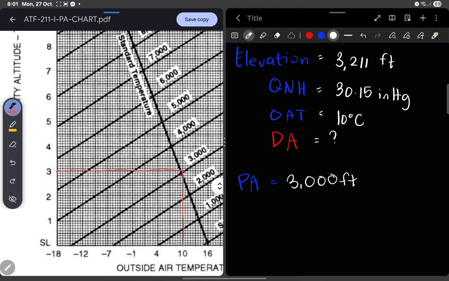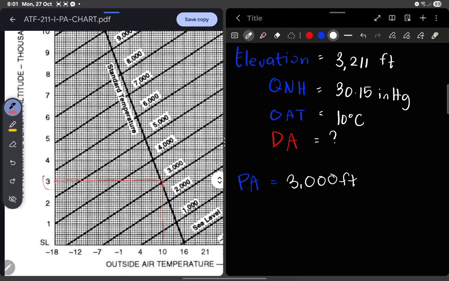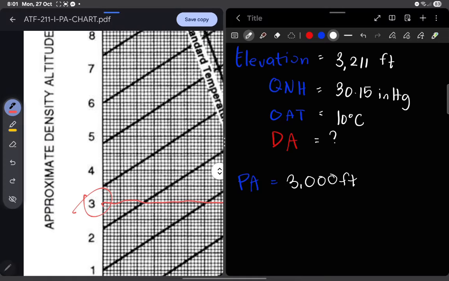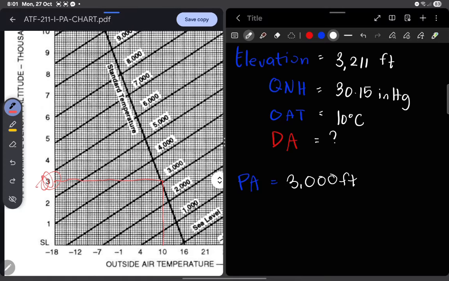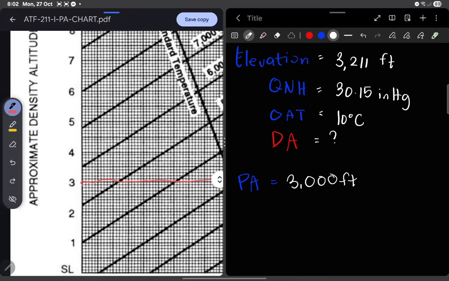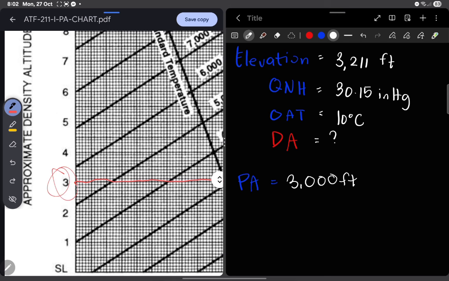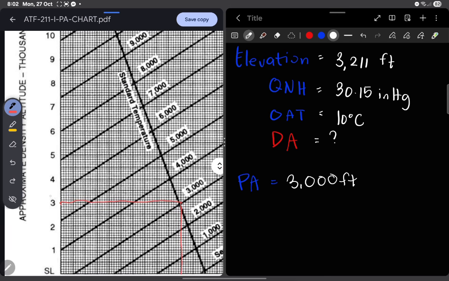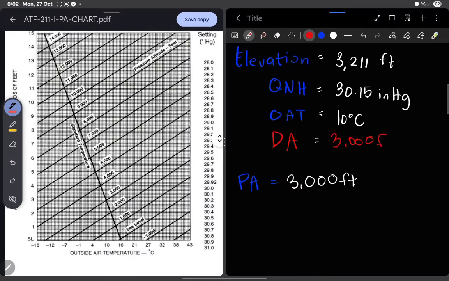Going to the left, we reach 3. Correction: these numbers here are by the thousands. So reaching 3 is 3,000 feet. Our density altitude is 3,000 feet.